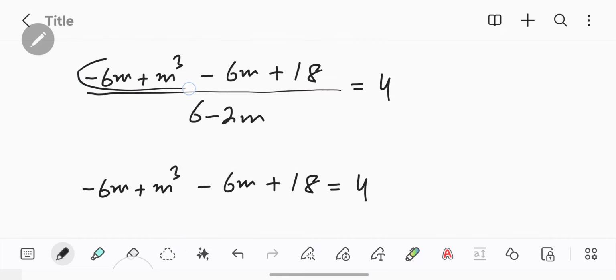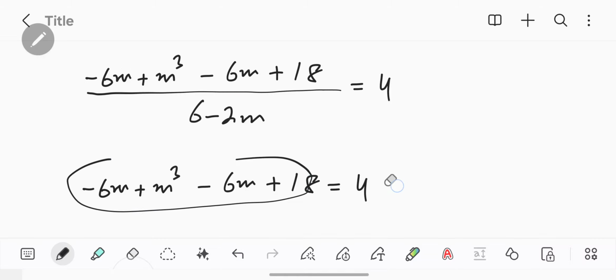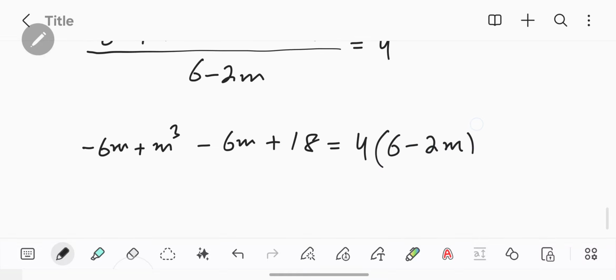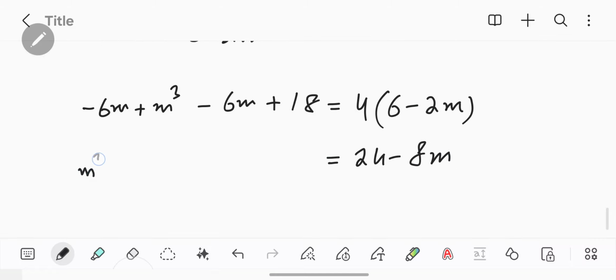So what I will do, I will write this thing here and equal to 4 times this denominator. It is 6 minus 2m. Now I'll multiply 6 inside, 4 inside, 24 minus 8m, and here I have m cube minus 6m plus 18.